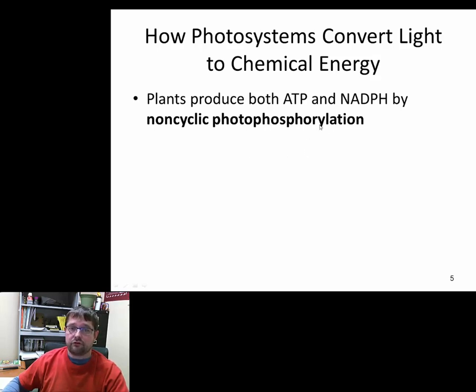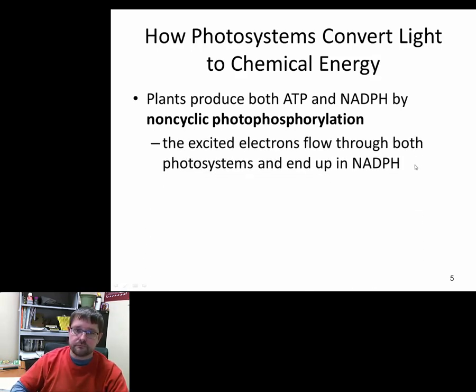And then the phosphorylation refers to binding a phosphate to ADP to form ATP. So non-cyclic photophosphorylation. So again, these excited electrons will flow through both photosystems, photosystem 2, photosystem 1, and it ends up in the carrier molecule NADPH.